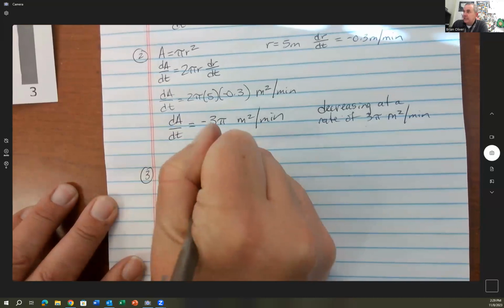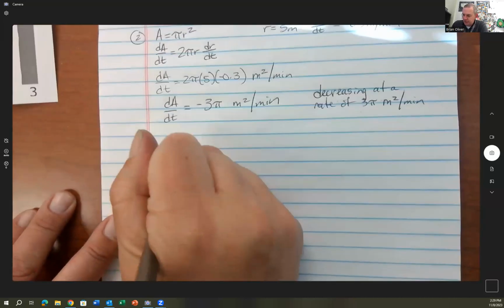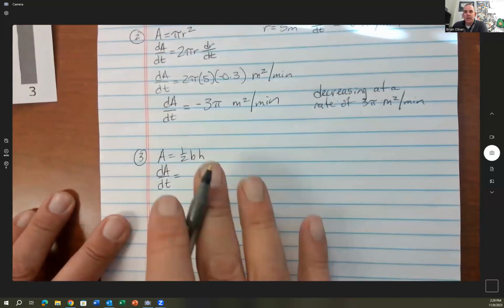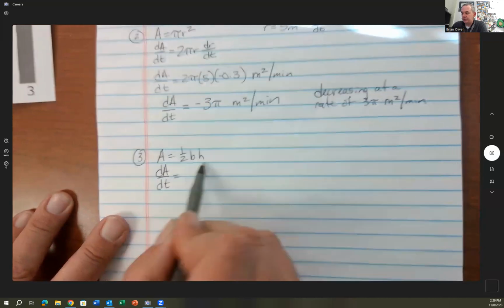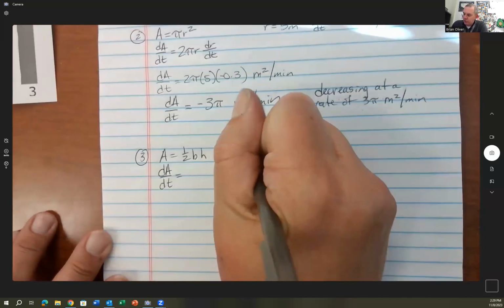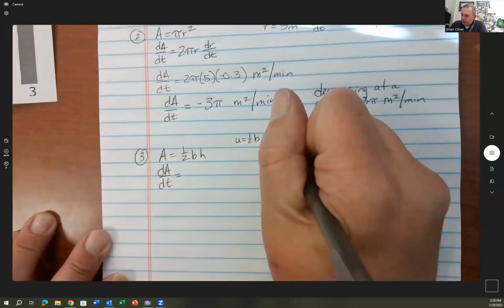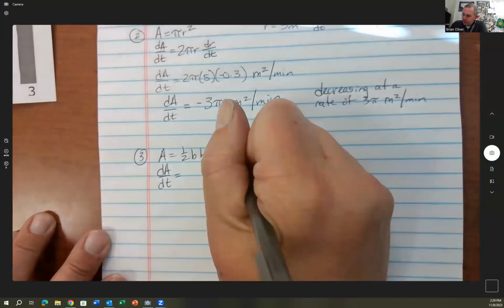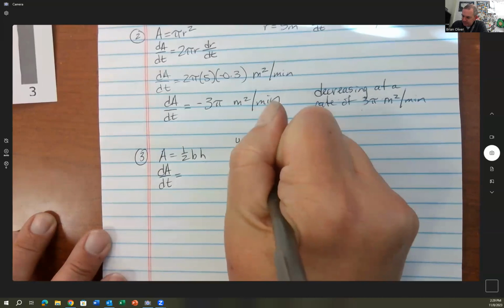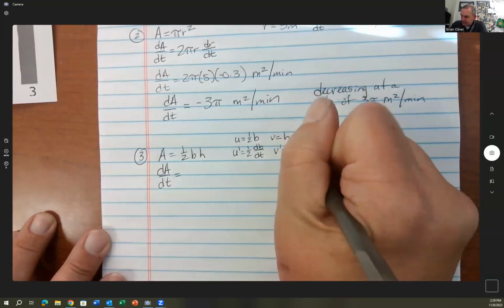So for number 3, I have area equals 1/2 base times height. And what I'm going to do is implicit differentiation, dA/dt equals. Now here comes the deal. I have to do the product rule because this is multiplication of a product. So I'm going to say u equals 1/2 b, v equals h. So u prime is 1/2 db/dt, and v prime is dh/dt.